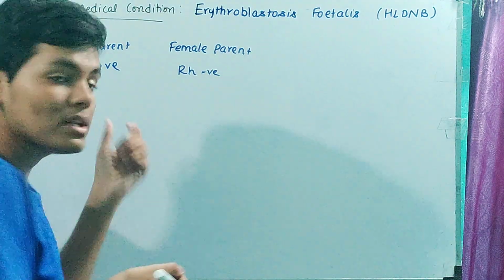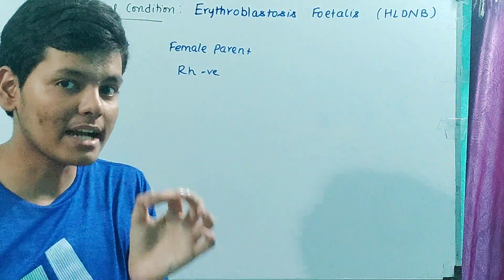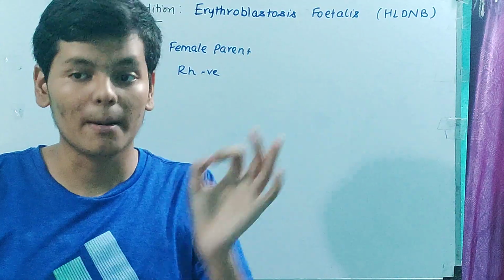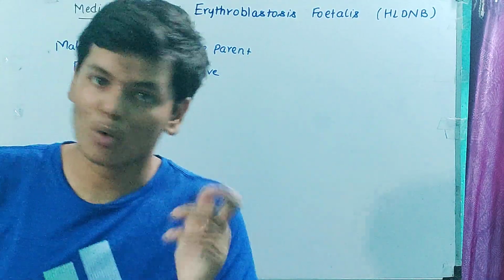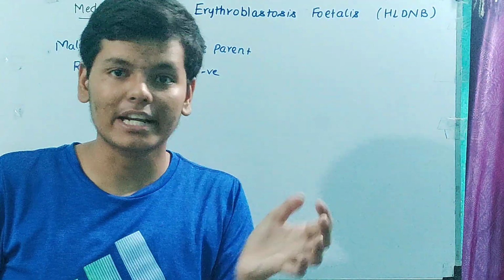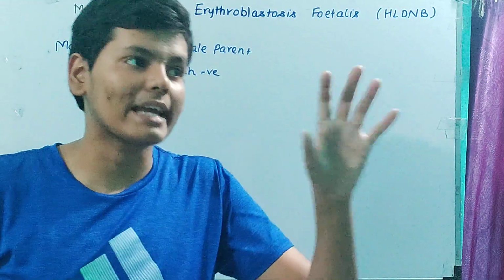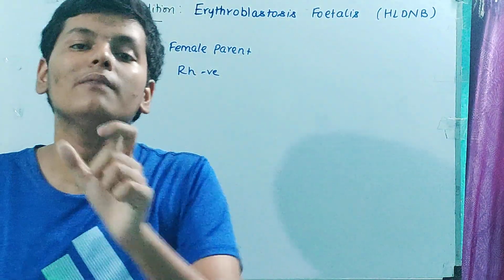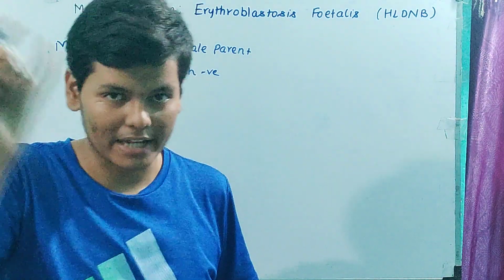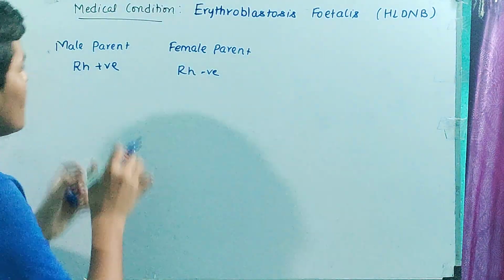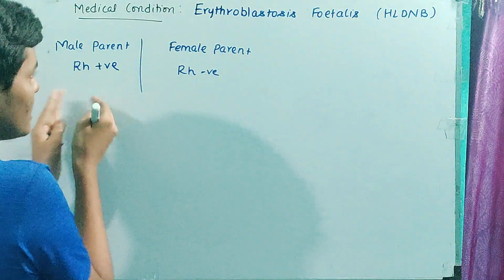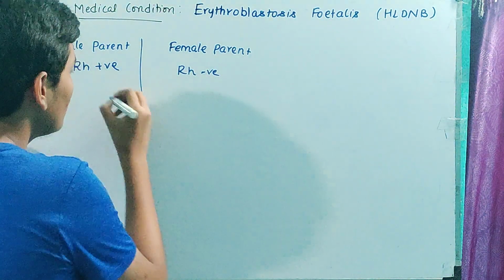Now, what were RH positive and RH negative? We said that blood grouping is A positive, B positive, AB positive or O positive. Some people have A negative, B negative. So we understood in the previous video that A, B, AB and O come from ABO grouping and positive and negative come from RH grouping.